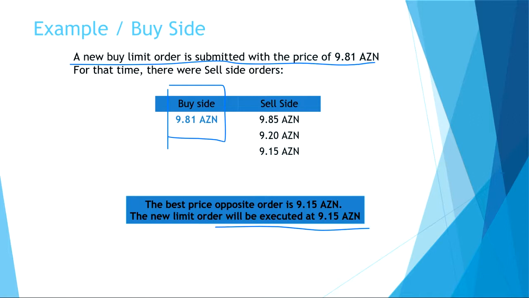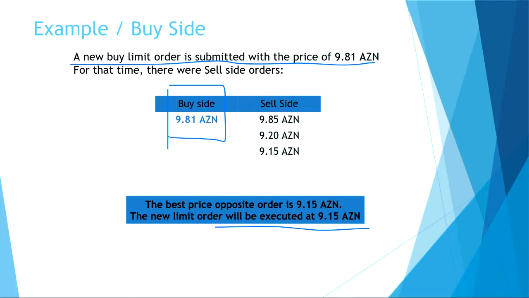Good, great. Thank you very much, guys. Okay, let's see the sell side order. So we have two different cases in sell side. Okay, good question. After the match, will the actual price paid be 950 or 981? Of course, it will be 950, because someone is already in the market ready to sell at 950.